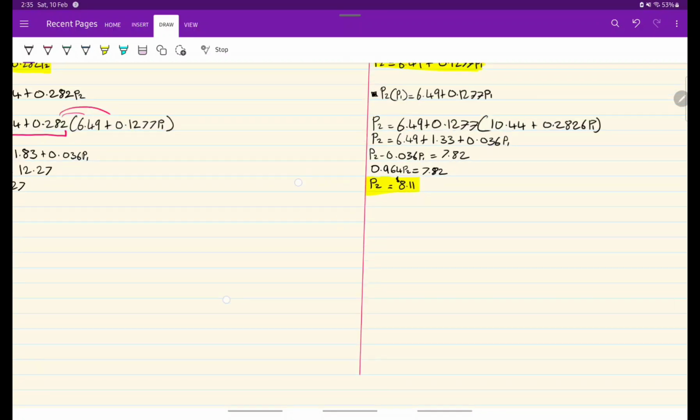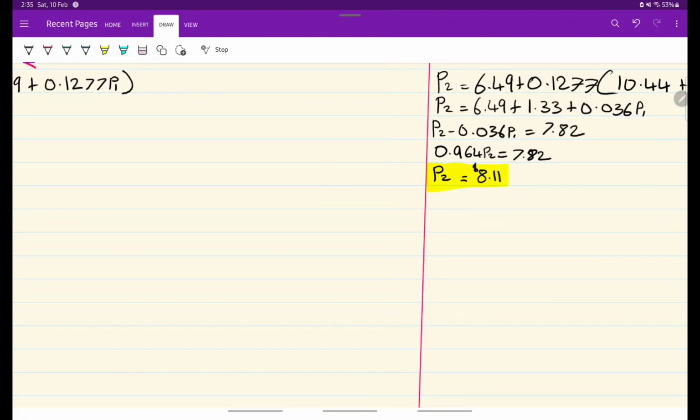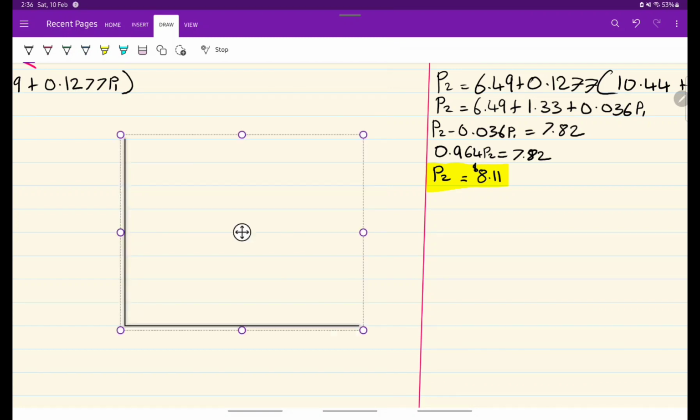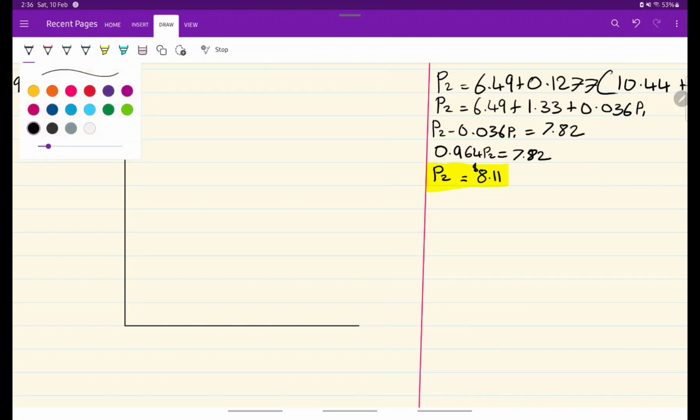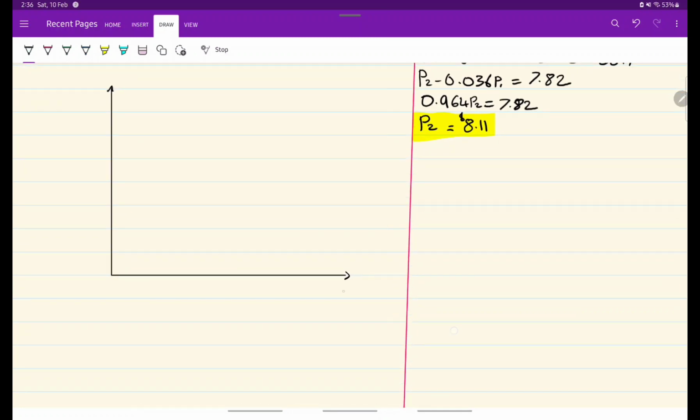Now, last thing before we go, show you a quick graph of what we're doing here. Should always label your graphs, but I'm not going to. Well, I'll label them P1, yeah, okay, P1, P2, Coke and Pepsi.